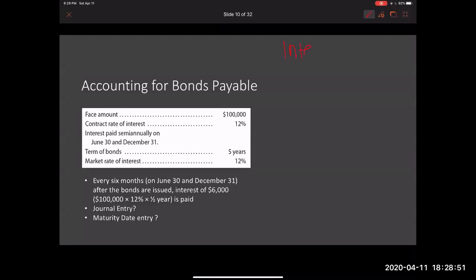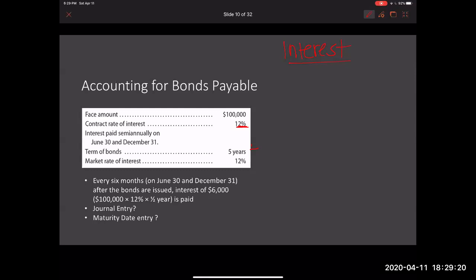It is a shaking of hands, and that's what the investor is looking for. So according to this bond, it pays interest twice a year, every year for the life of the bond. It's going to pay 12% interest on June 30th and December 31st for 5 years. So now we need to calculate what the interest payments look like.